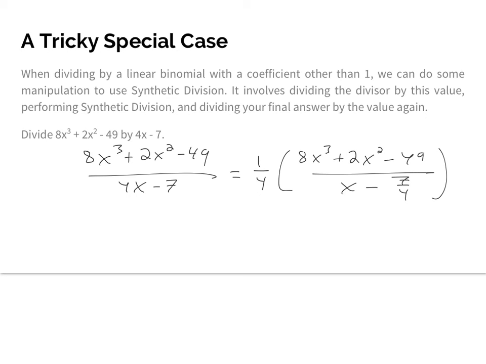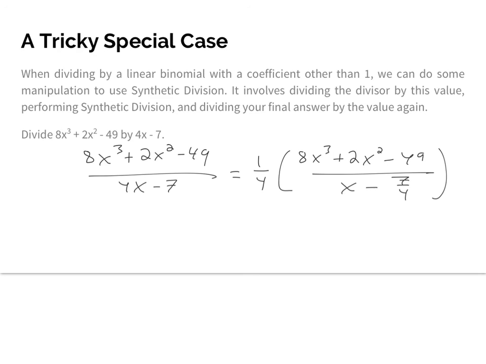The reason I've done that is now I've set up something in my parentheses that I can use synthetic division for. My c is now 7/4. This will allow me to do the synthetic division, and then at the end I'm going to multiply my final answer by 1/4, basically dividing by 4. Essentially I'm multiplying by 4 and then dividing by 4 after doing the synthetic division. It keeps it the same, it just makes it easier to do.